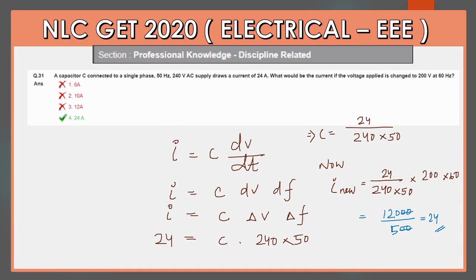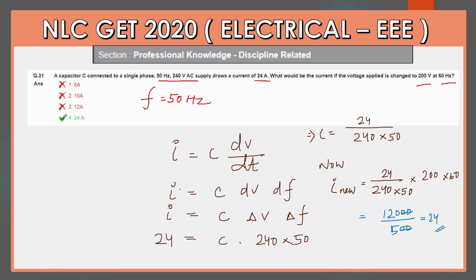Next question, it is saying a capacitor C is connected to a single phase 50 Hz, 240 volt AC supply and draws a current of 24 ampere. What would be the current if the voltage applied is changed to 200 volt at 60 Hz? So it is given the 240 volt AC supply and the current drawn is 24 ampere when the frequency is 50 Hz. Now frequency is changed to 60 Hz and voltage is changed to 200 volt.